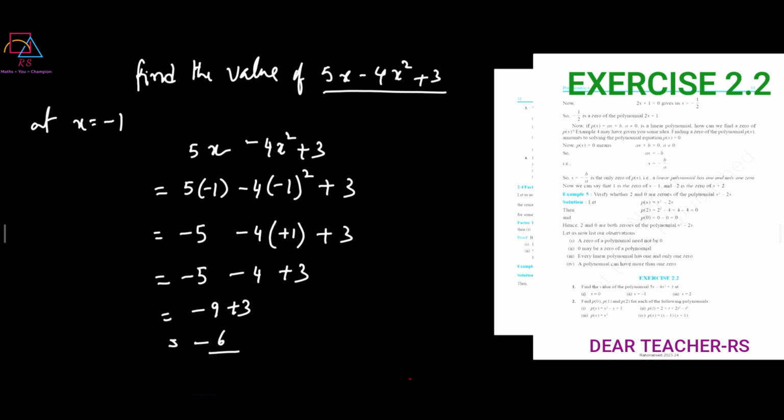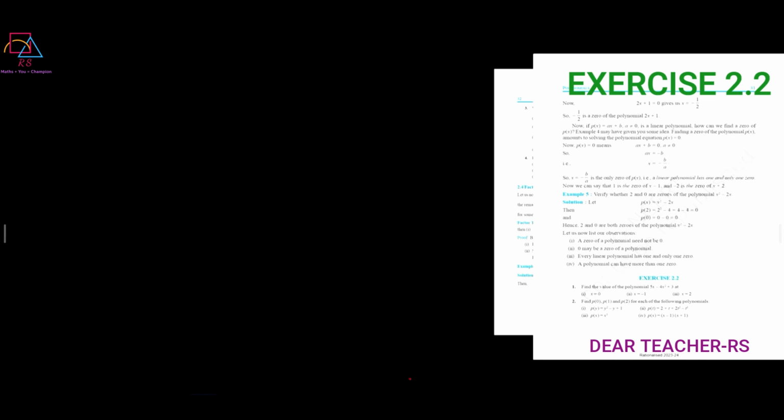Let me go to the second question. Find P0, P1, P2 of each of the following. I will do the second bit. It is P of t, a polynomial in the variable t, is equal to 2 plus t plus 2t square minus t cube.